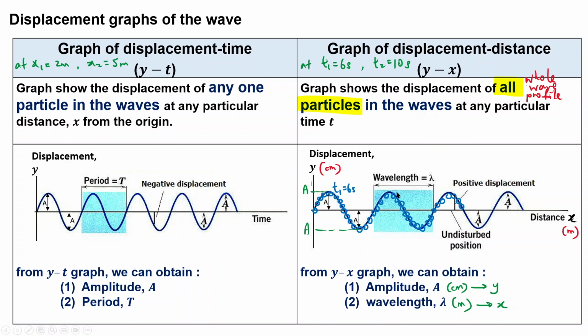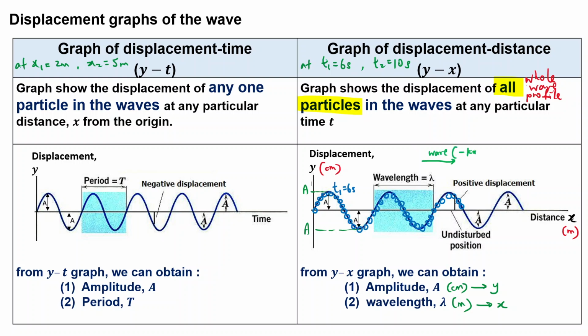This is the graph that shows the whole wave or all particles at a certain time. So maybe at time equal to 6 seconds, and let's say the wave is moving to the right.